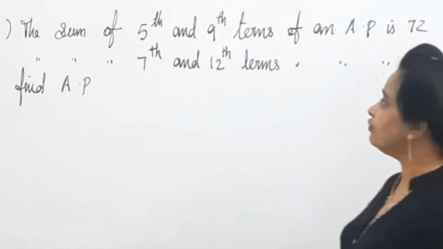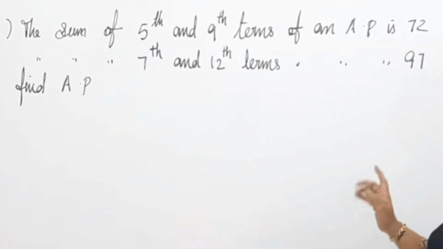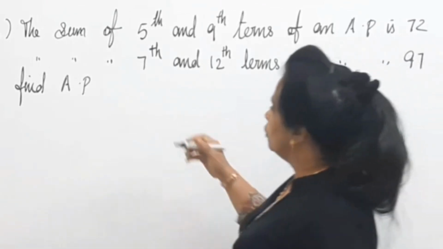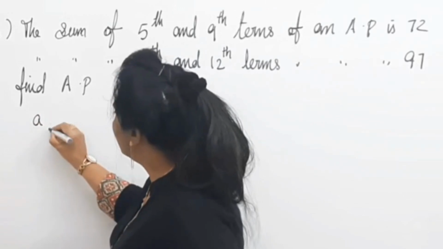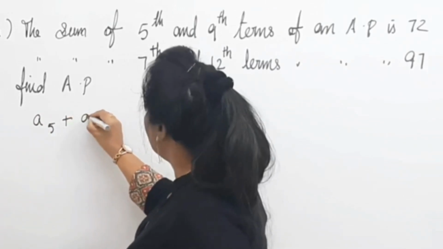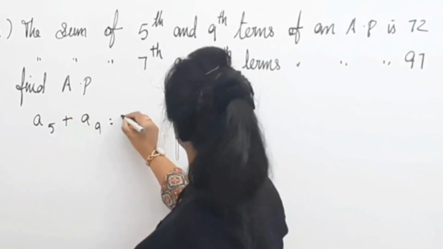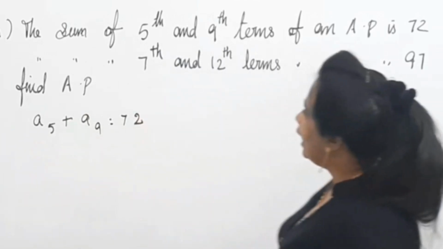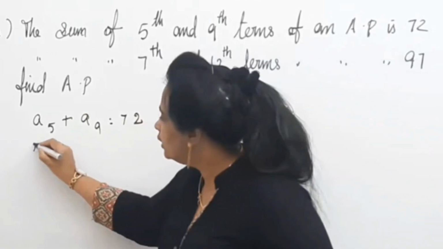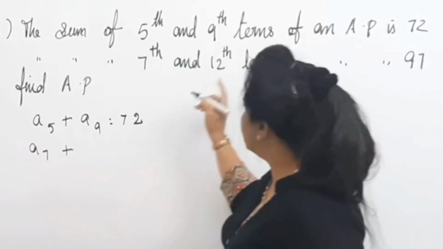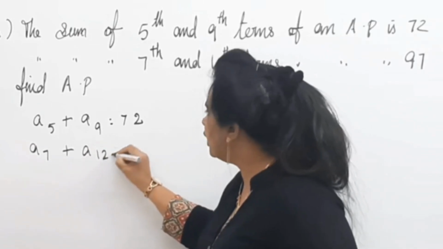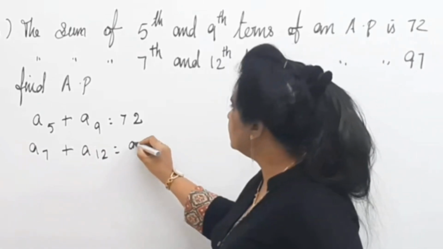The sum of the 5th and the 9th terms of an AP is 72. So, I would write the sum A5 plus A9 is equal to 72. And the sum of the 7th term, A7, plus the 12th term, A12, is equal to 97.